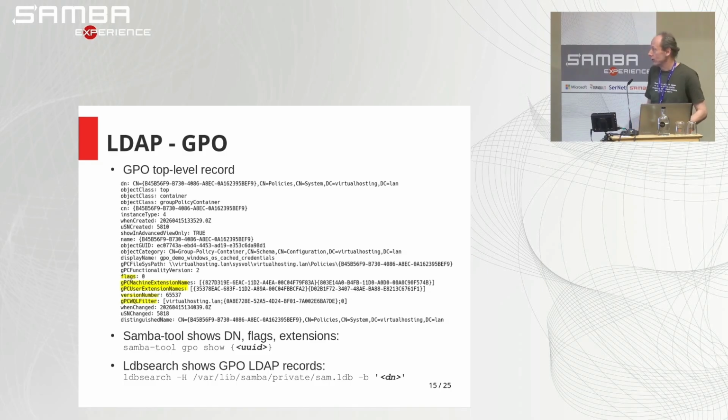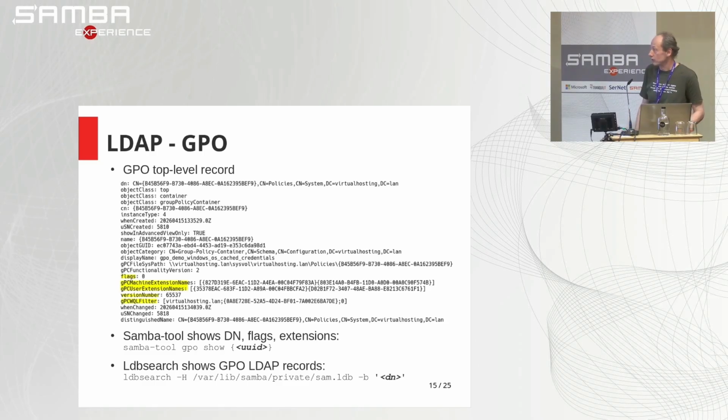Well, as I said, the only thing that is interesting is the top level record. And I marked the interesting attributes with yellow. So flags is a number 0 to 3, and it determines whether it's enabled or disabled. And you can also enable user only or machine only.